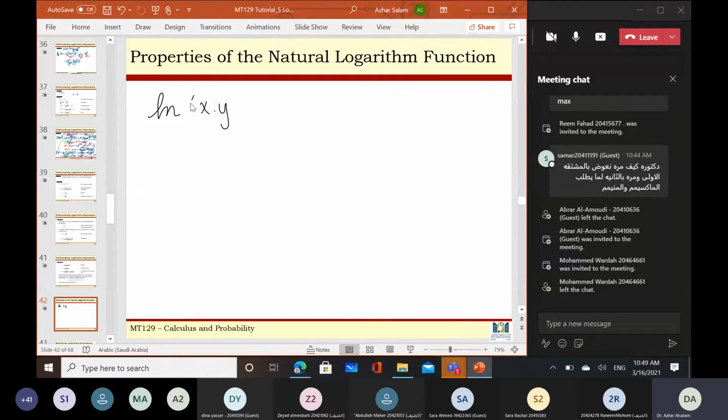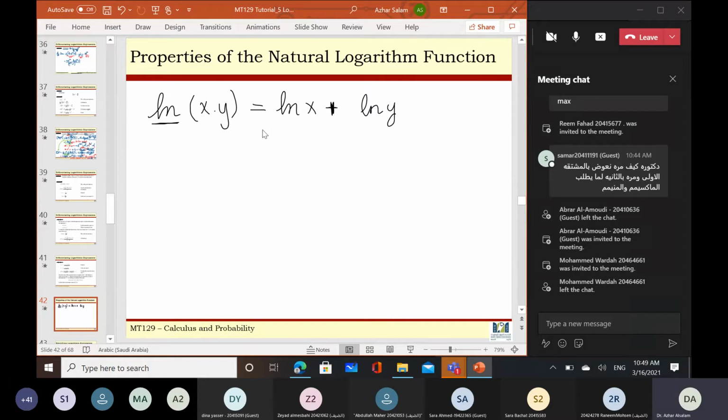Notice here that x is multiplied by y, and I took the logarithm of them. Okay, this is equal to the logarithm of the first one plus the logarithm of the second one. The logarithm of a product is the sum of the logarithms. This is one of the properties of the logarithmic function.